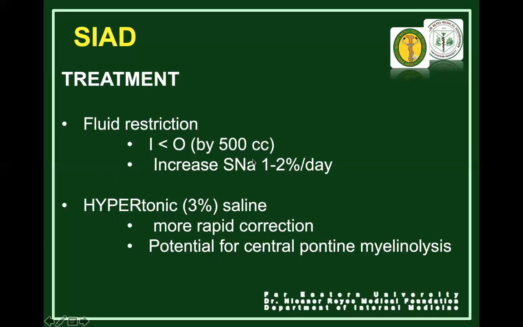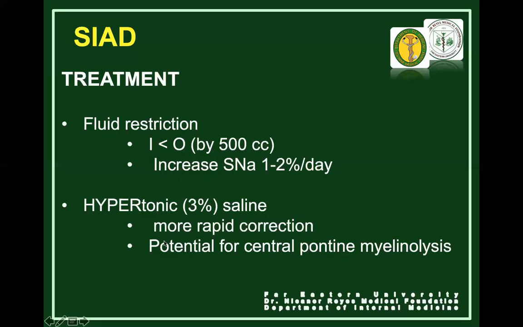Now, if it is acute, wherein the patient is having seizure or is comatose, you have to act fast. You cannot restrict the fluid and say that the serum sodium will be corrected. No, it can be lethal. So what do you do? In acute and severe cases, you have to infuse 3% saline.